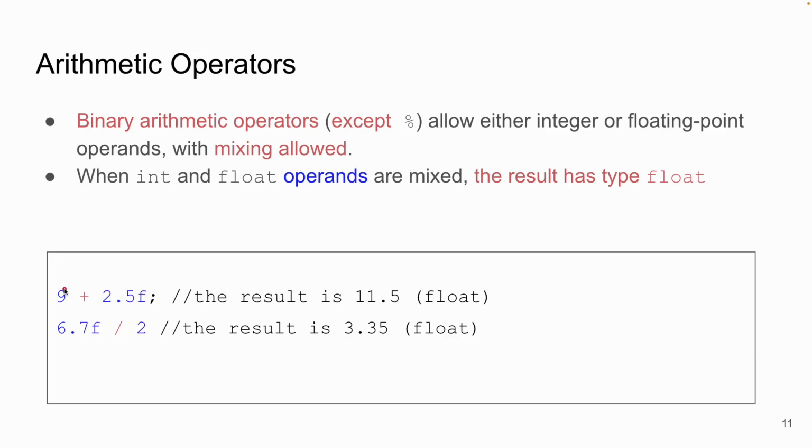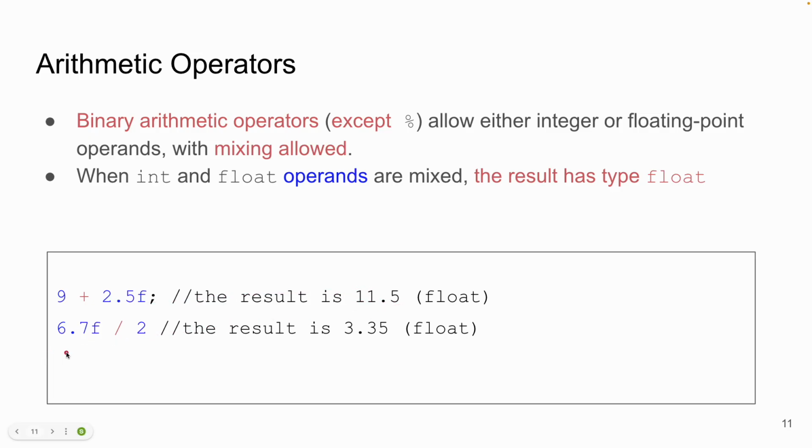So we mix these two values in the same expression. However, the result will be 11.5. So the return value of this mixed-type expression will be float. That is why even though 9 is an integer value, the result here will be 11.5.